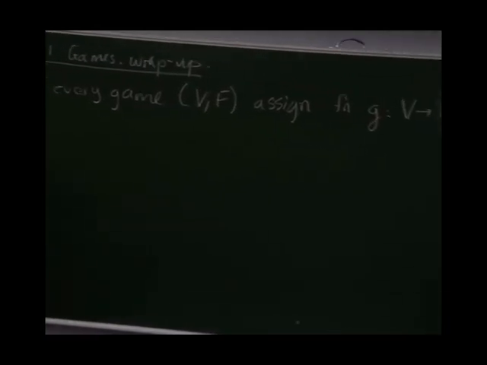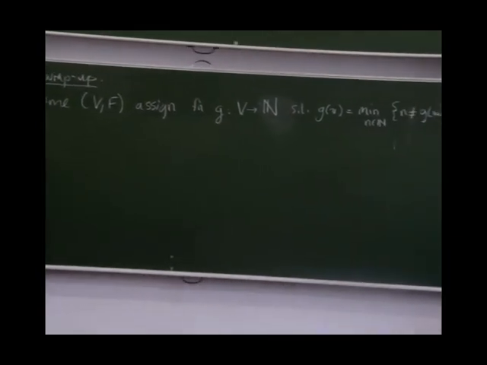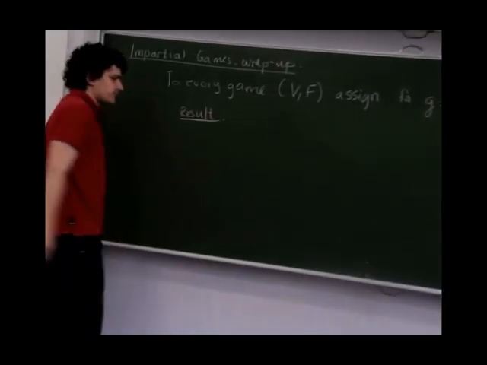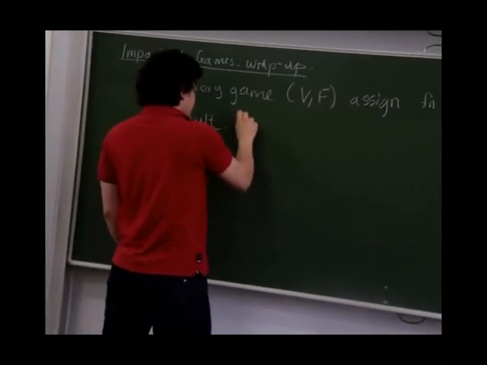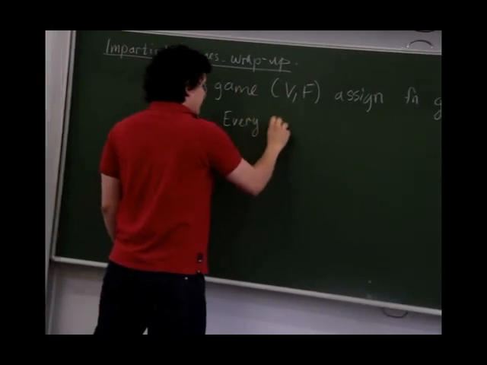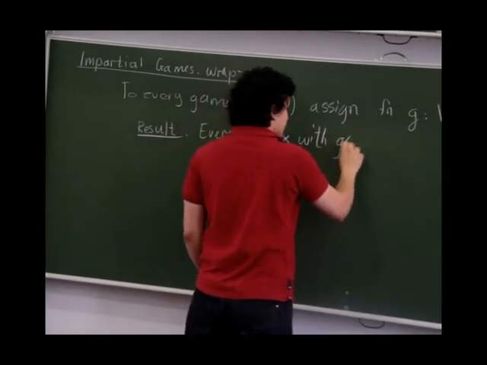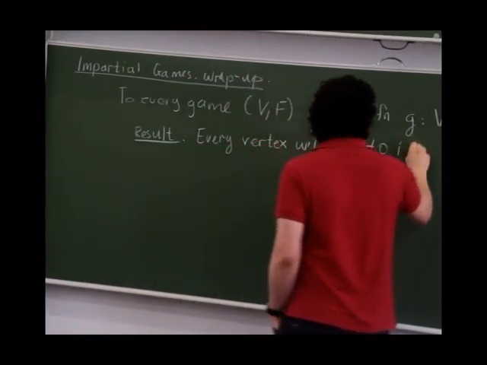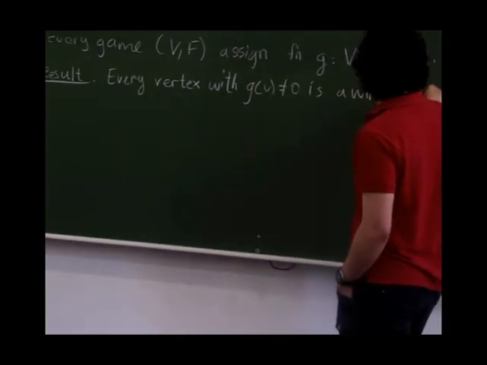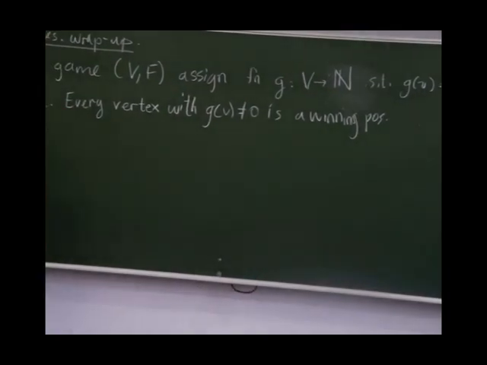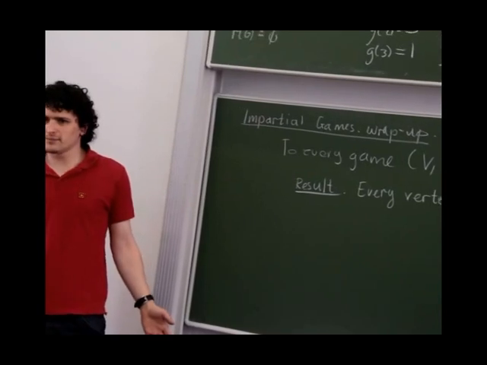The next thing I asked you to do is, so then there's a result. The winning strategy: every vertex with g of v non-zero is a winning position. The winning strategy is just to move to a vertex with g of v equals 0 at all steps.